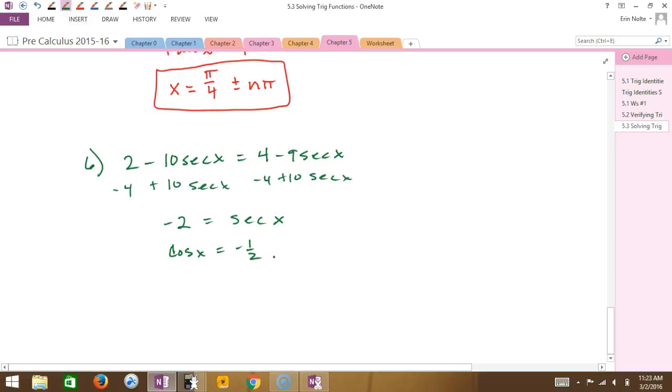Okay, so cosine is x, so where in your unit circle is the x at negative 1/2? 2 pi over 3. Okay, and then plus or minus n, what's my period? 2 pi again, yeah.